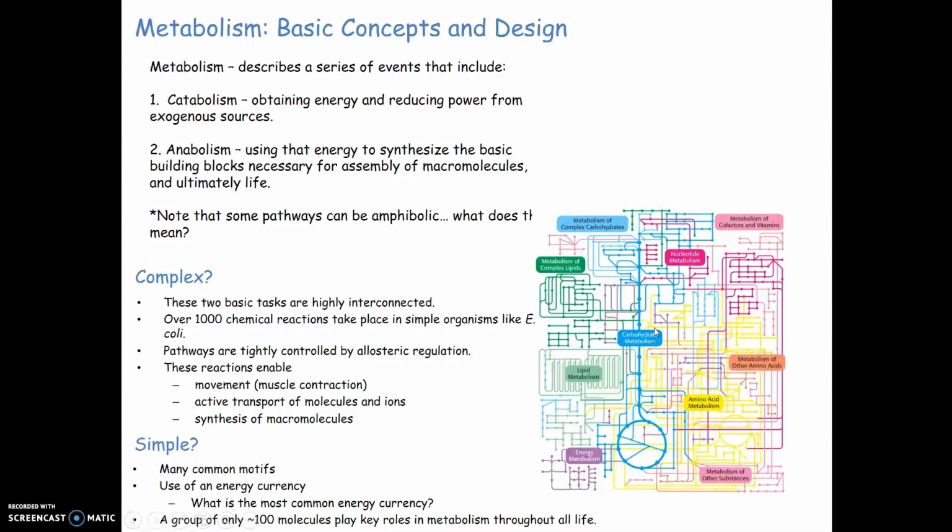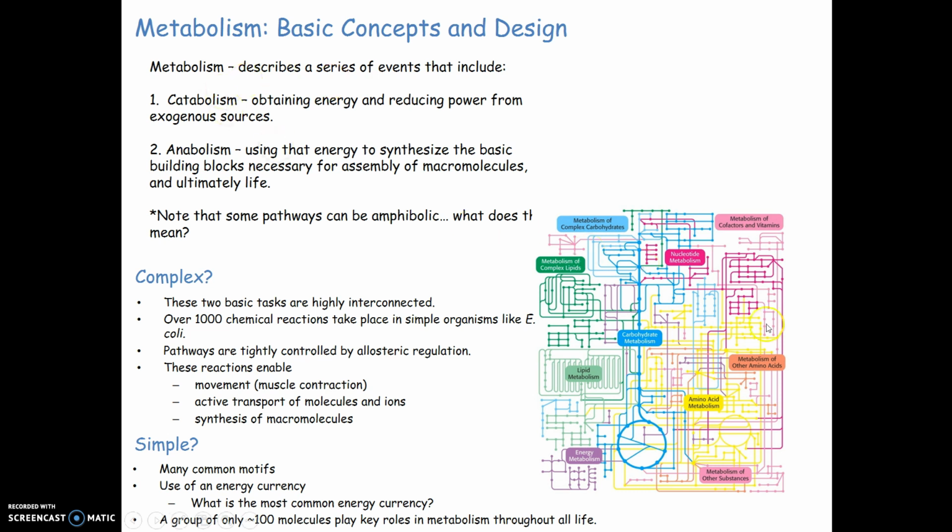And then anabolism is the idea of making bigger macromolecules from basic building blocks. So catabolism, you can think of our hydrolysis reactions that we talked about in chapter 14. Those would all be examples of catabolic processes. And our condensation reactions of making our macromolecules would be examples of anabolic processes.